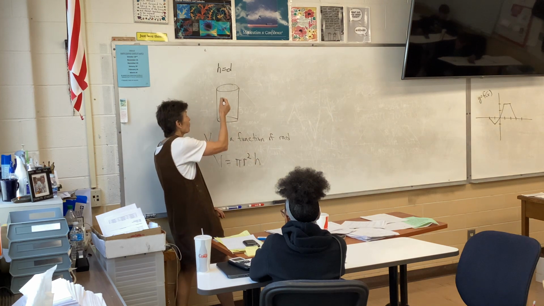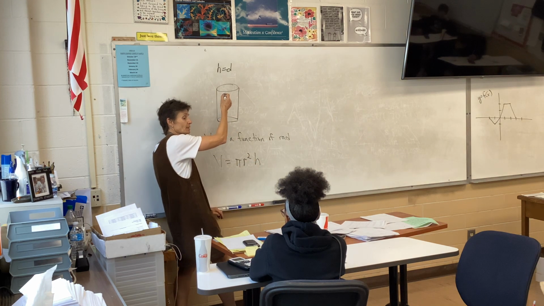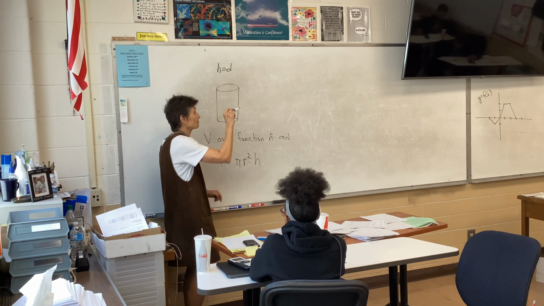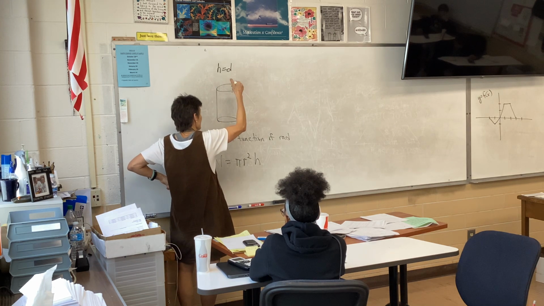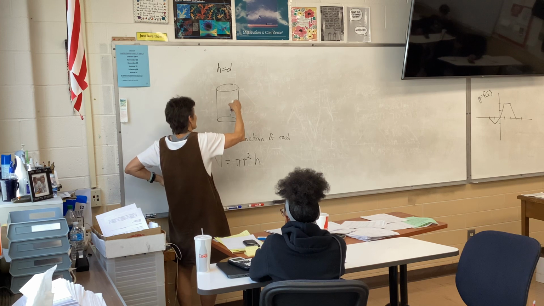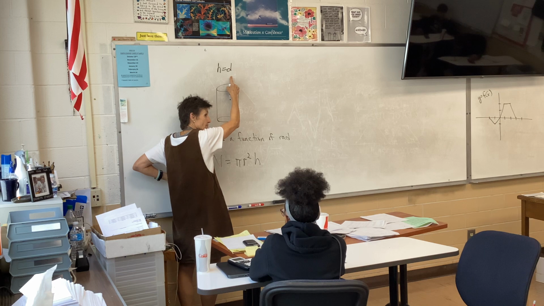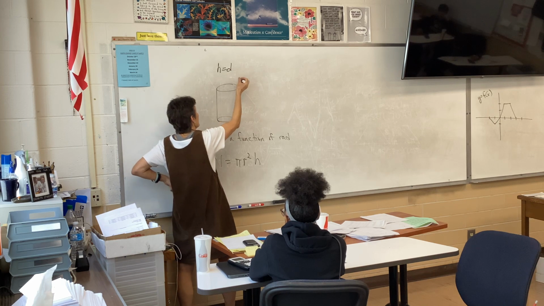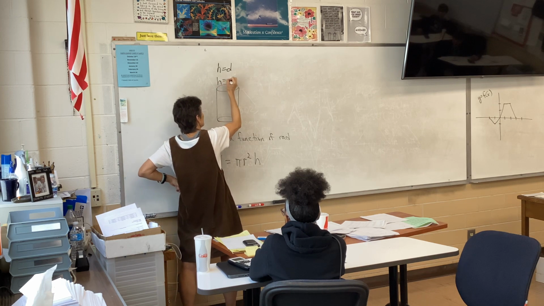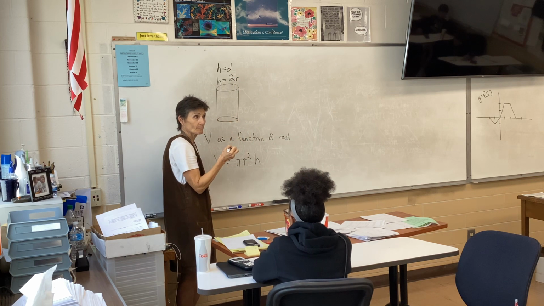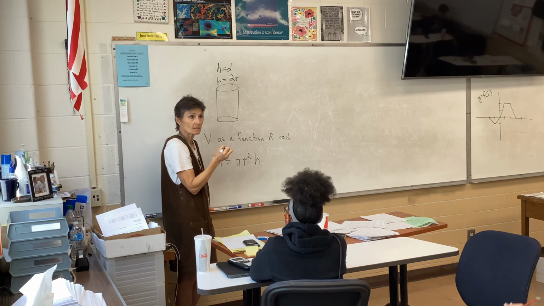So what you do is go back into the problem and look at the additional information they provided. They told me in this particular problem that the height is equal to the diameter. And we know that diameter is 2 radiuses. Would you agree with that?